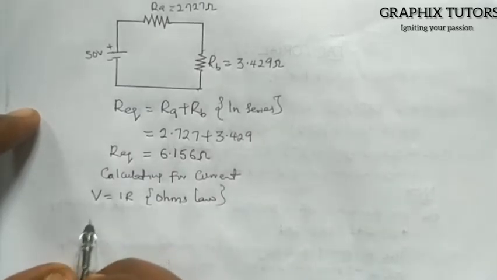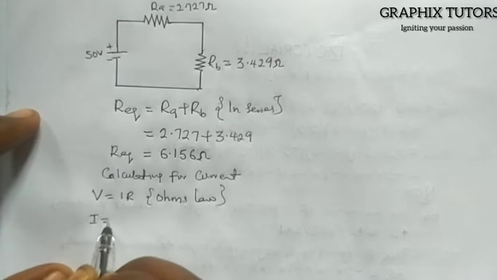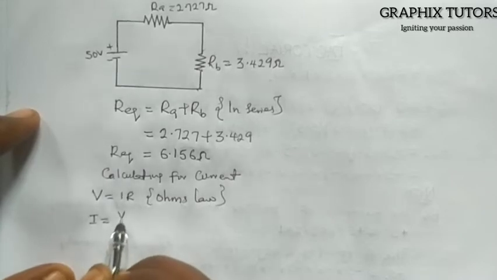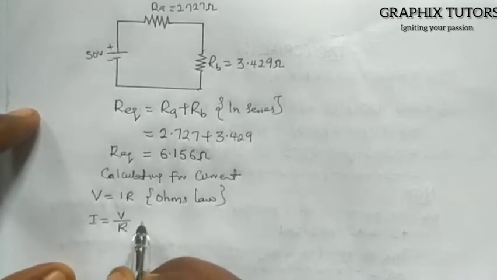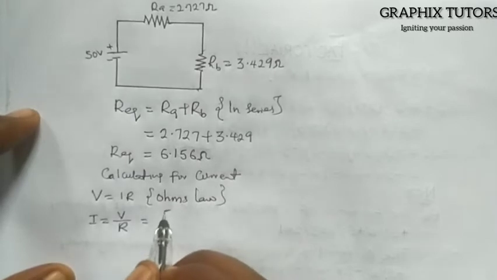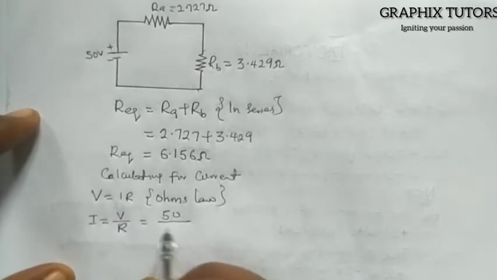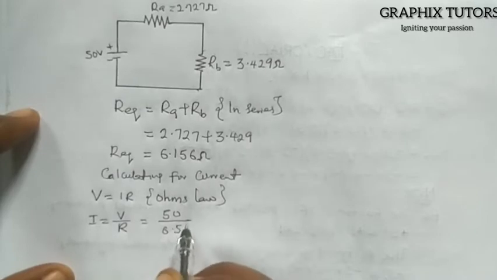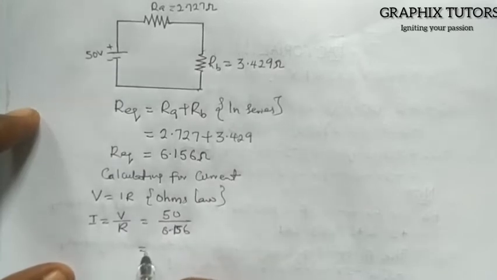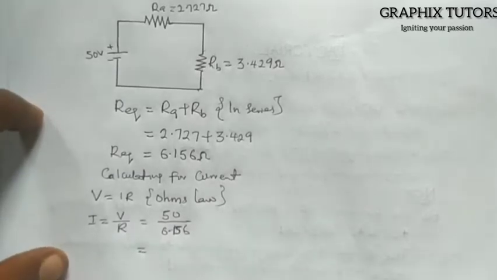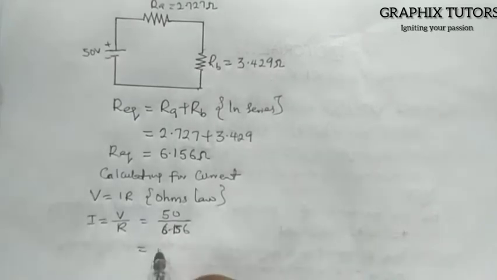So if we make I the subject of the formula, my I will be equal to V all over R, right? And what is V? V is 50, and R is 6.156, and this will give us 50 divided by 6.156. So the current flowing through will be what?